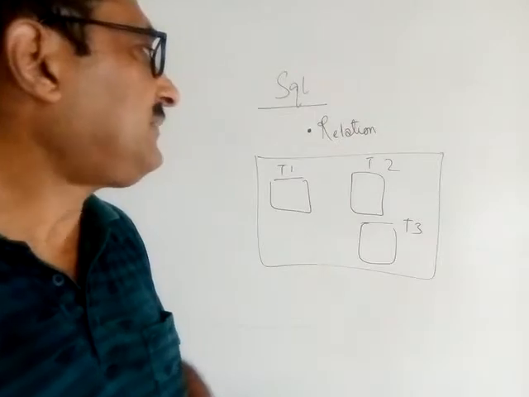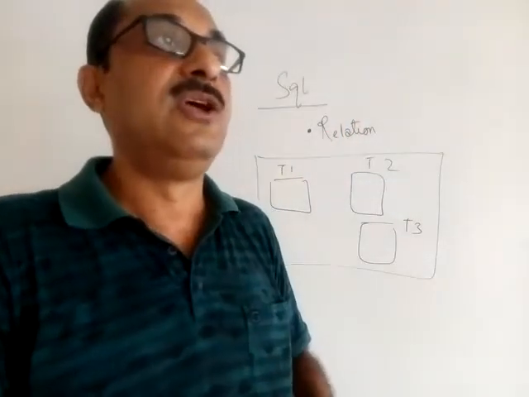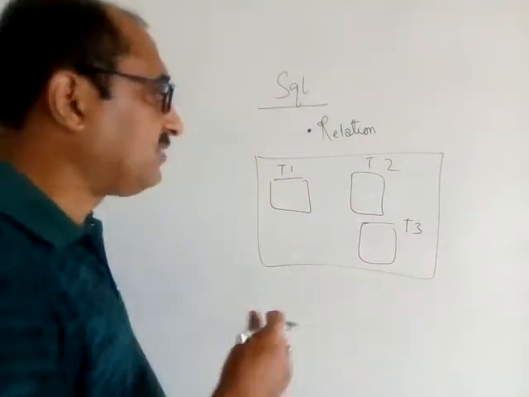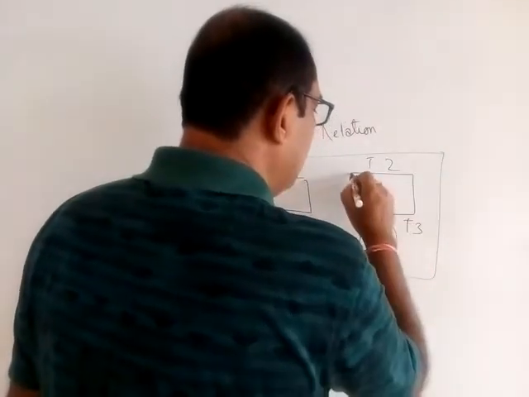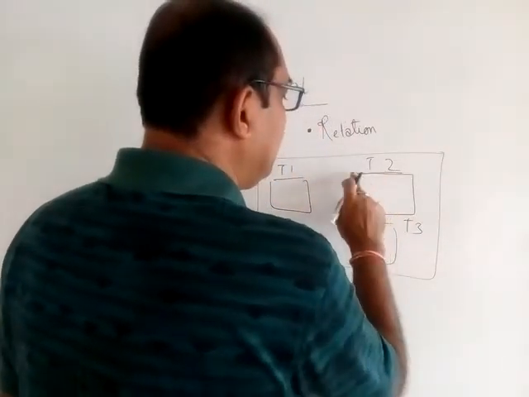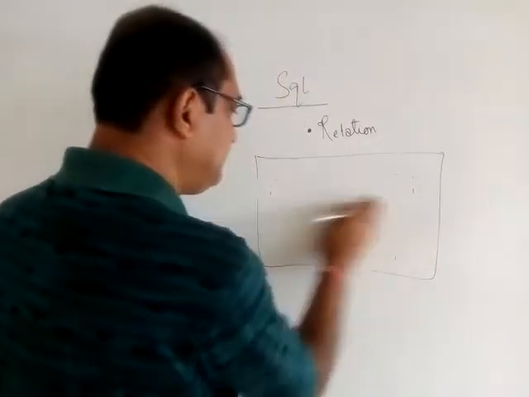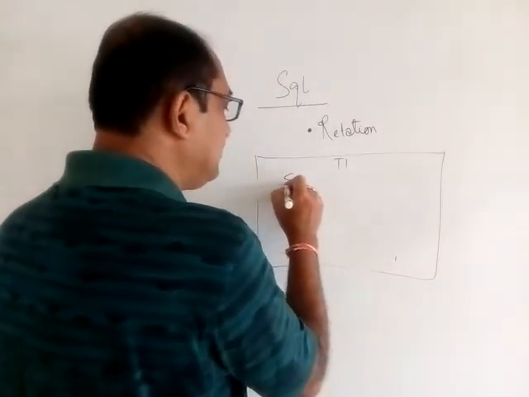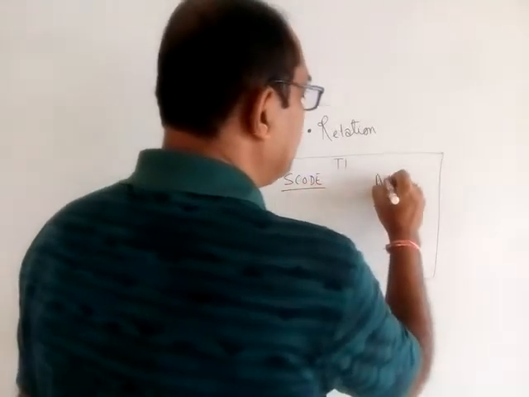But we have to remember the theory says in a relation all the data has to be atomic data. What is the meaning of atomic data? Like if you take a column, for example, I am taking here a table, let me do it in a bigger way. Let this be a table, the table name is T1, and we have the student code or student ID, and we have their marks.